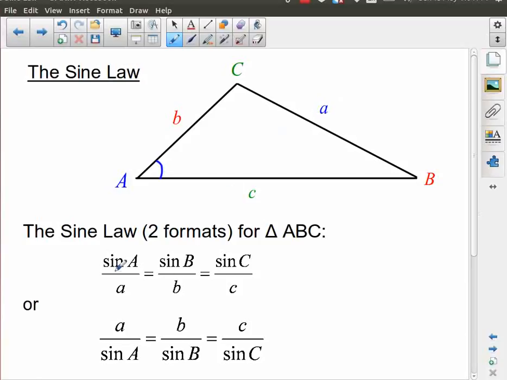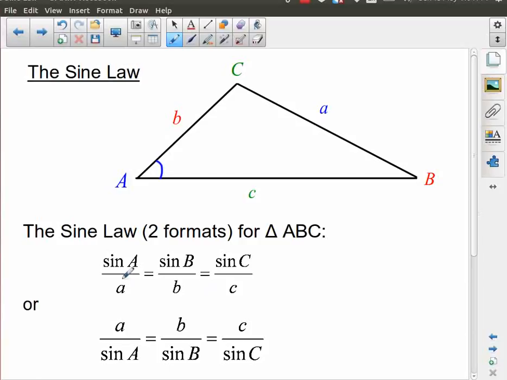And if we take a look at A, B, and C, whether it's vertex or side, you should notice that there's something they have in common, which is that the largest angle, which is quite obviously C, goes along with the largest side. The smallest angle, which is B, goes with the smallest side, and the middle side and the middle angle go together. And you can see that's the arrangement we have here.